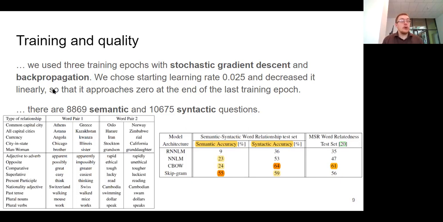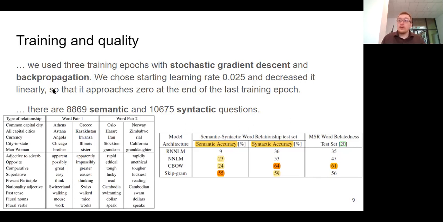So these data sets were initially designed to be able to predict semantic relations between objects and syntactic relations. So training was on the text data, but the task of the group of researchers was to predict semantic and syntactic relations.